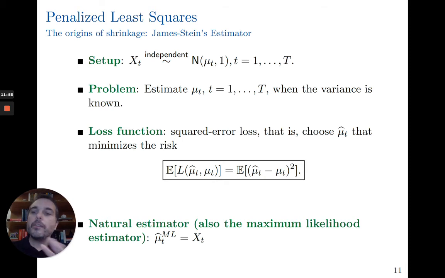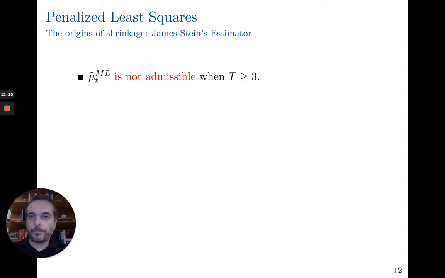Very simple to derive. I invite you, if you wish, to derive this estimator. Just write the likelihood function and take the derivatives equal to 0, and you're going to get the estimator. Okay? Problem is what independently James and Stein, two different researchers, found.